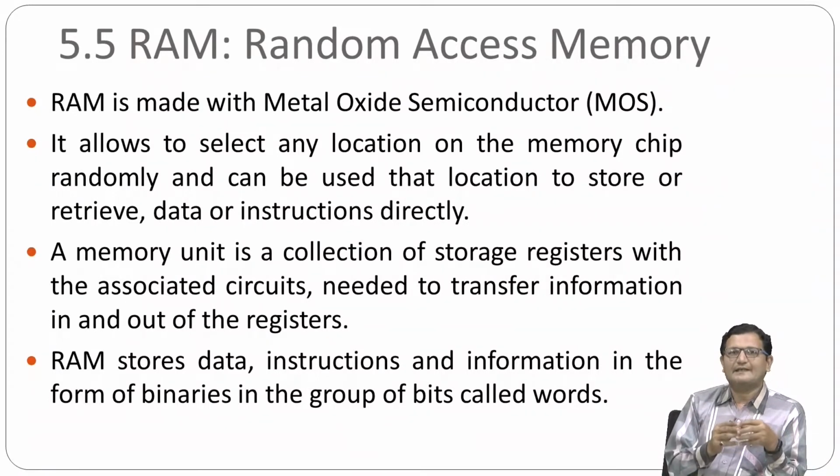In the random access memory there are small cells, and those cells are transistors. If you charge the transistor, then it is 1. If you discharge that cell, then the electron will be absent, and in that case we can say it is a 0.